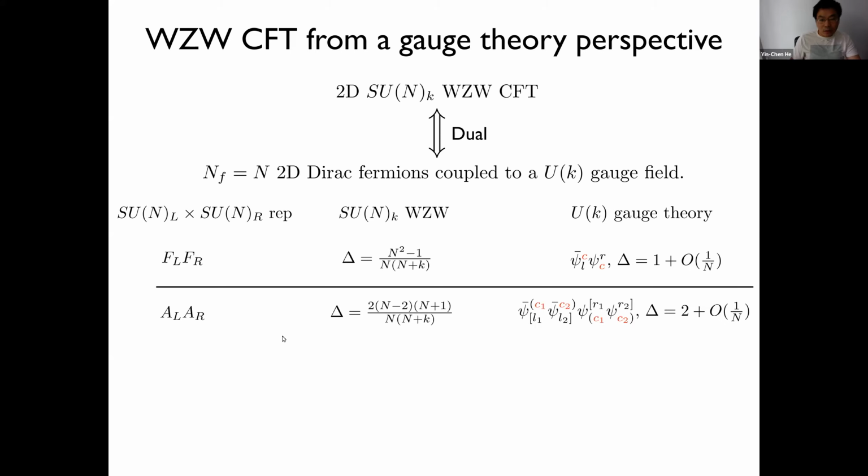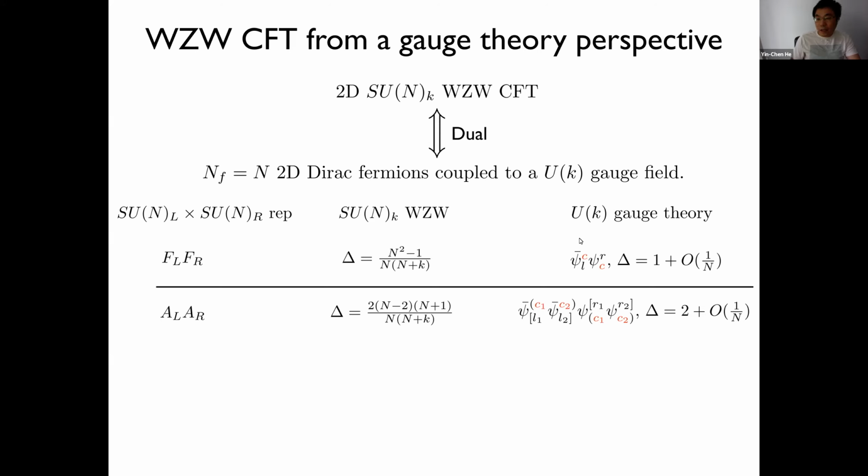So we can continue to do this analysis. Let's ask what are the lowest lying operators in the rank 2 tensor that is anti-symmetric in both SU(N) left and SU(N) right. Again, in the Wess-Zumino-Witten CFT, the lowest operator will be a Casimir primary with this scaling dimension.